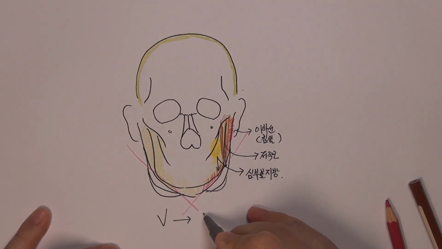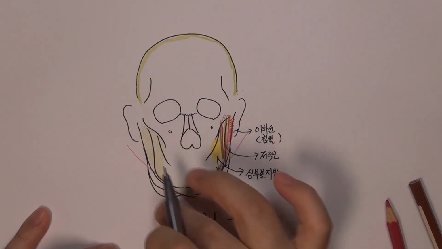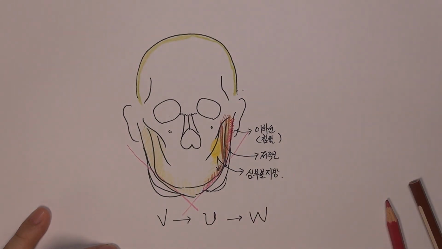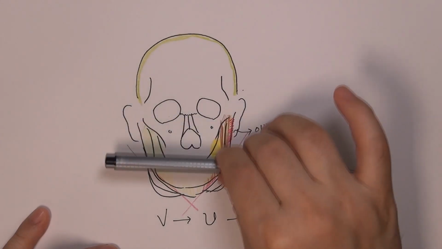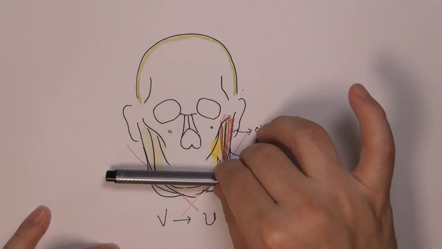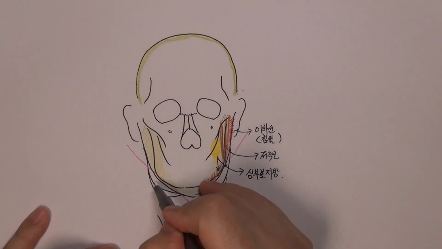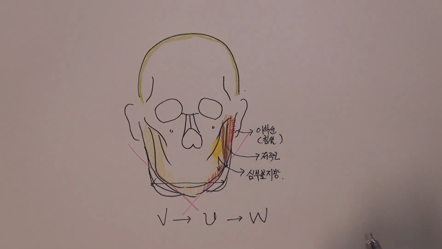So the lower facial shape gradually becomes a U from a V, and finally a W shape. With gravity, the width of the lower face becomes gradually wider than when they were young. We call it aging prominent mandibular angle.